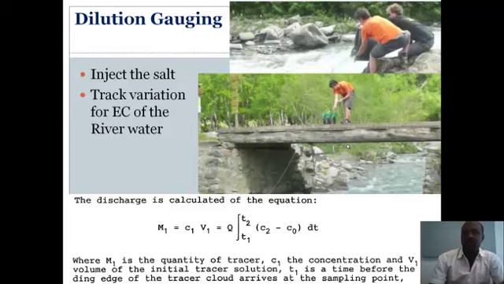Therefore, when the salt is poured, it will be tested, and in the middle it will peak, and then it will decrease until we measure the river flow as it is. That is actually a sort of hydrograph, and then by summing all the concentrations, multiplied by the discharge, or the volume, for the time it takes, we can calculate the discharge with this formula.